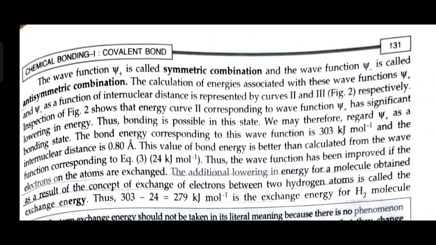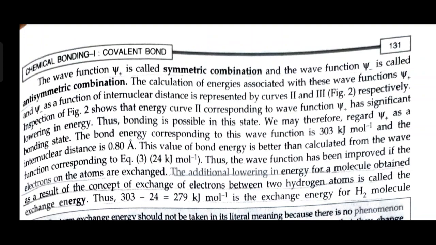We may therefore regard psi positive as a bonding state. The bond energy corresponding to this wave function is 303 kJ per mole and the internuclear distance is 0.80 angstrom. This value of bond energy is better than that calculated from the wave function corresponding to equation 3, that is 24 kJ per mole.